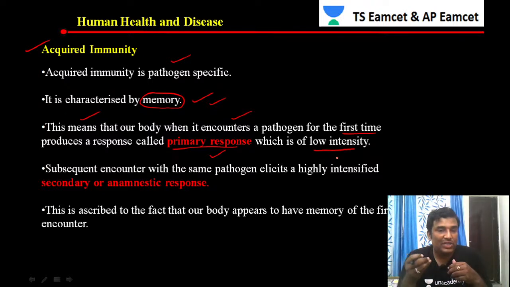When the pathogen is encountered again, the response is highly intensified, and that is called the secondary response. In the secondary response, a larger amount of antibodies is produced.